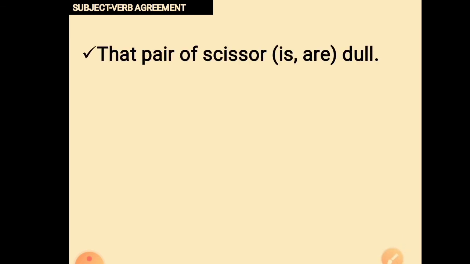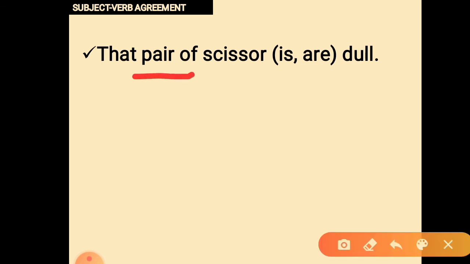So in this sentence, we have seen pair of. If you have noticed the phrase pair of, the verb that we'll be using is singular because the verb agrees with the noun pair.